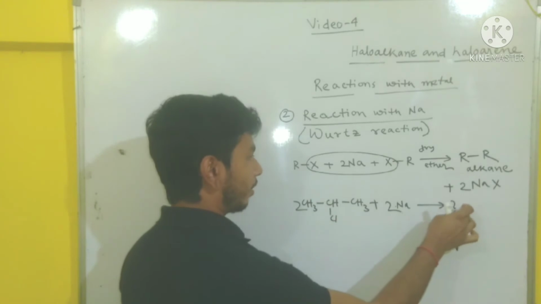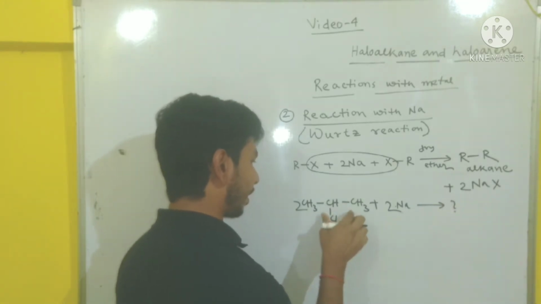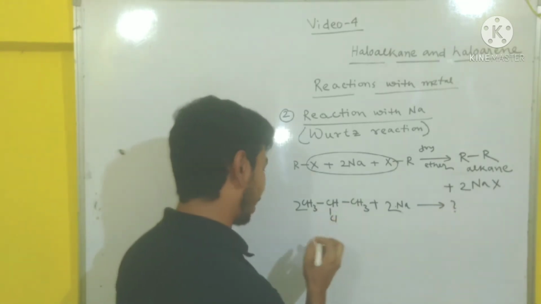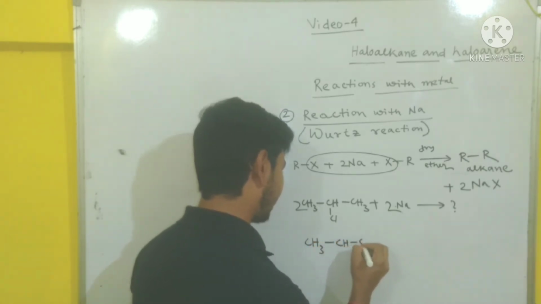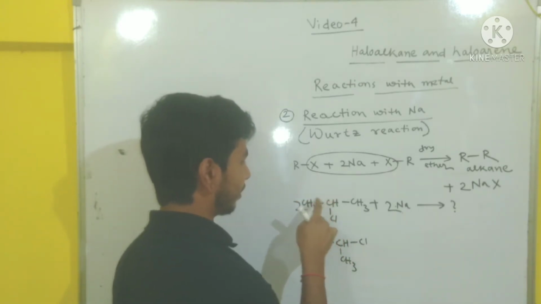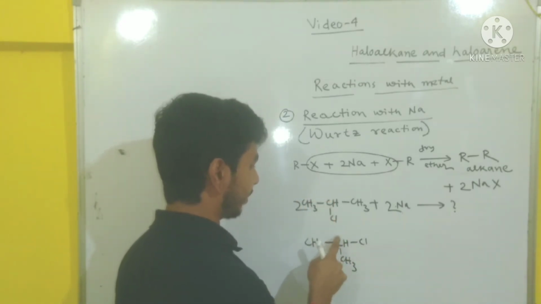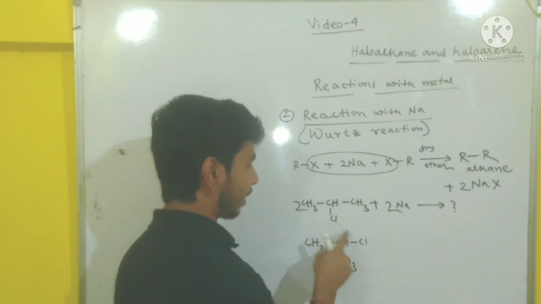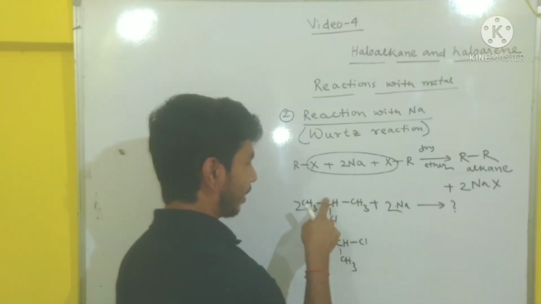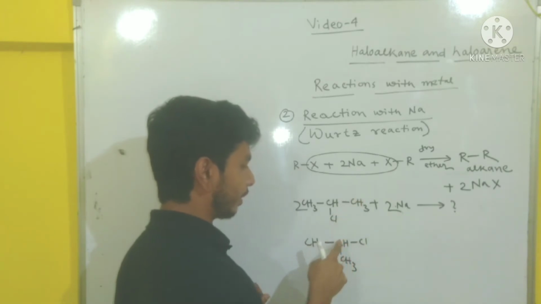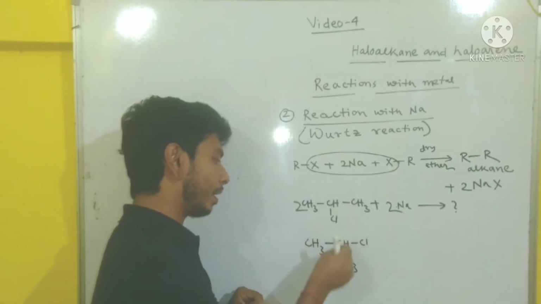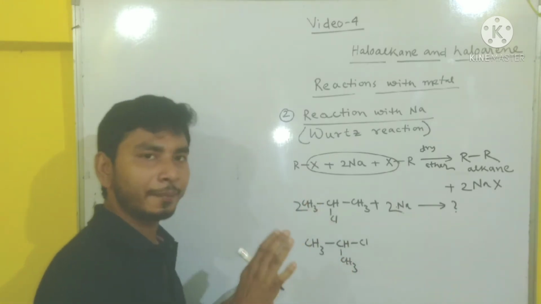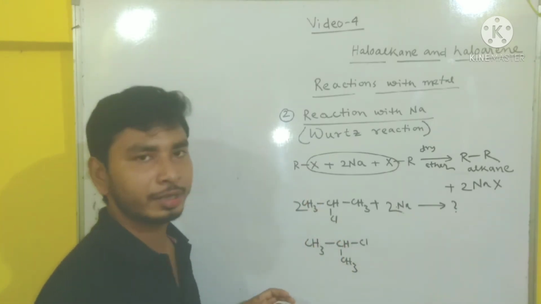Now, for writing the product, I have written this alkyl halide CH3CHClCH3. CH is bonded with Cl, again CH is bonded with CH3. So this alkyl halide is the same, just its writing pattern is different.